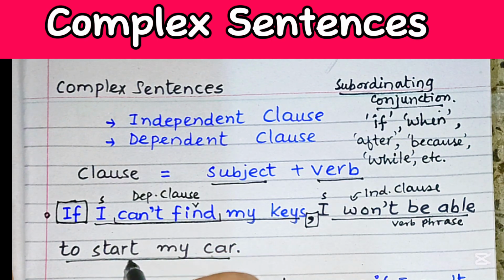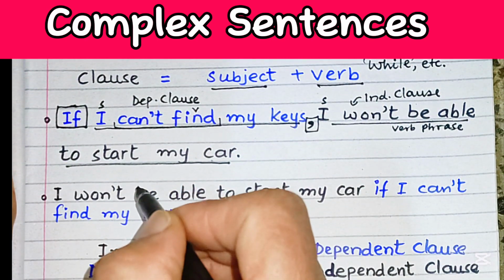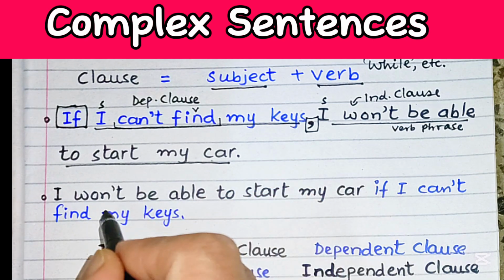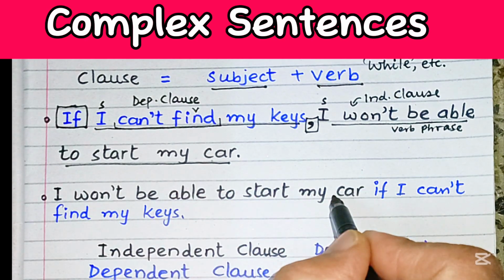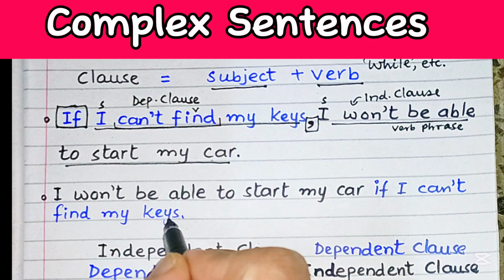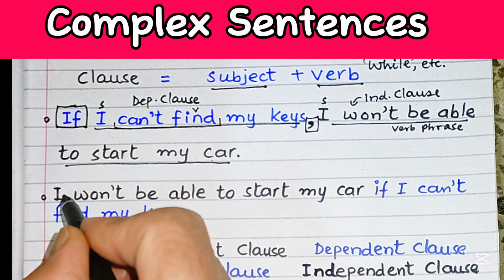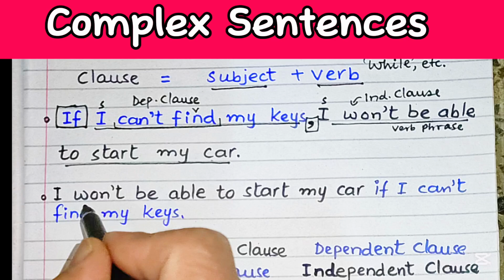You could also begin with the independent clause and put the dependent clause after it, as in this example: I won't be able to start my car if I can't find my keys. Same sentence, but the order is changed.